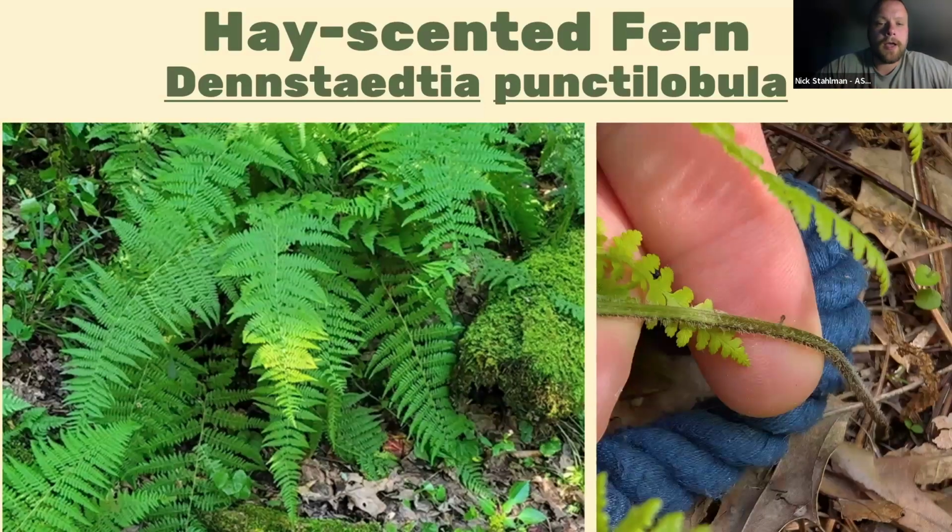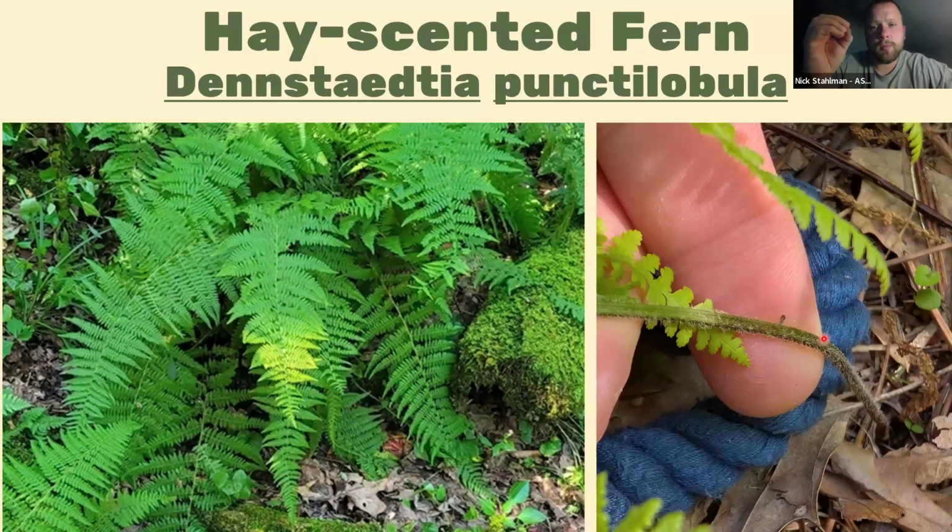But for identifying them, you'll be looking at the stipe. You're going to see that it darkens at the base. So green above, kind of dark brown below, and they're covered in these glandular hairs. It's not quite sticky. It's more like very fine Velcro. So if you bend the hay-scented fern to look at the underside, it'll kind of stick to itself.